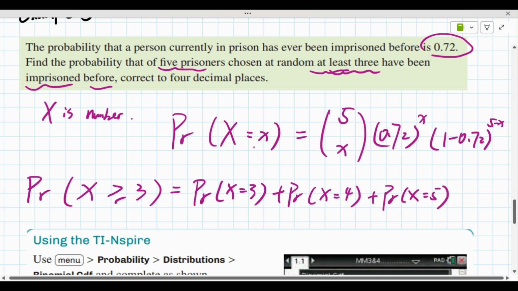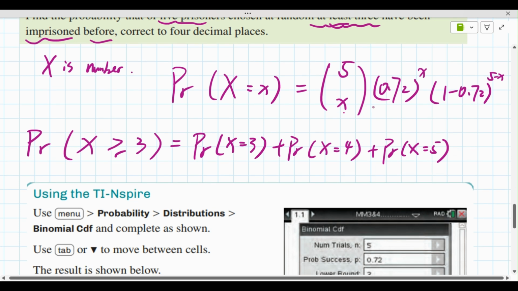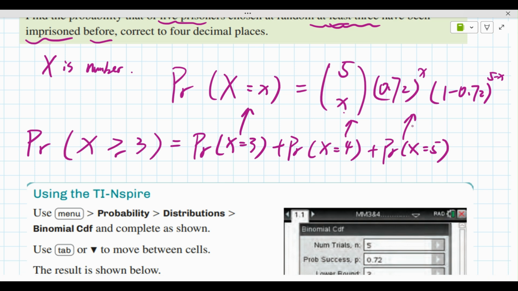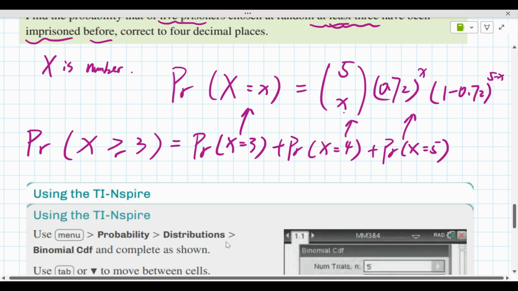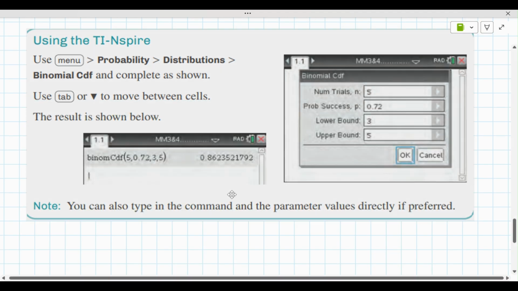So we rewrite this for 3, 4, 5 and put them into the binomial distribution. We can't do it by hand, but I can rewrite it a little bit.